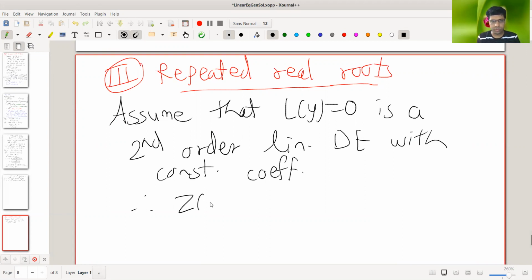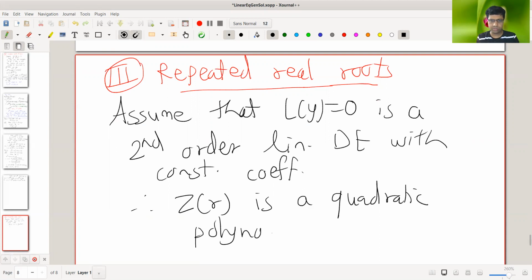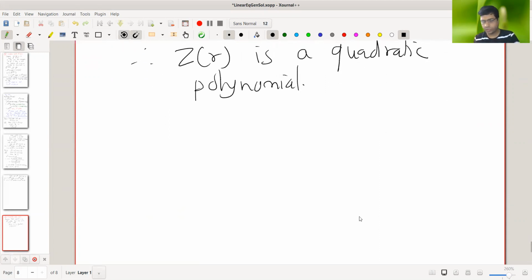Therefore, z of r, that is characteristic polynomial, is second degree polynomial that is also called as quadratic. And we have repeated roots, so we can assume that z of r is r minus a bracket square, where a is a repeated root.